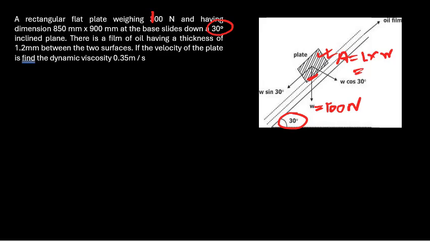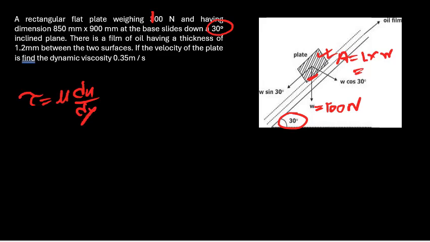Dynamic viscosity is given, and then we know the formula: shear stress equals mu du divided by dy.